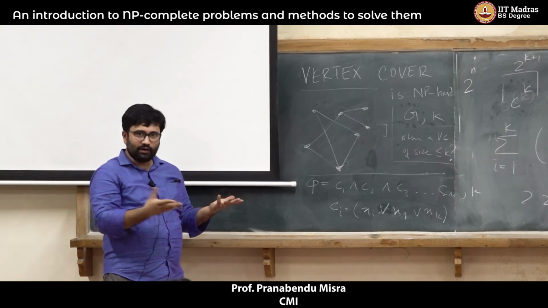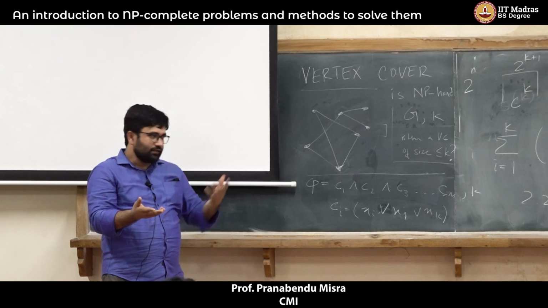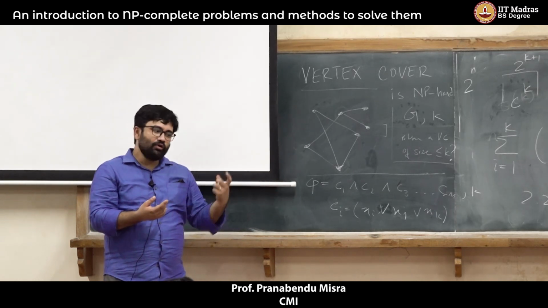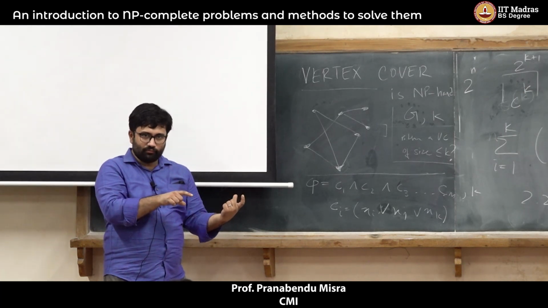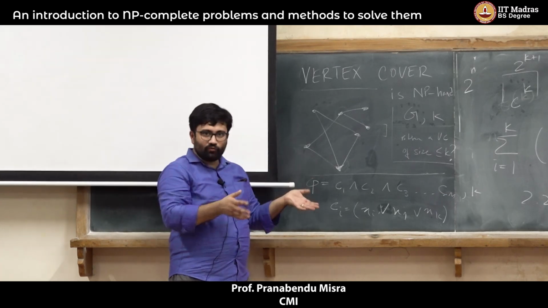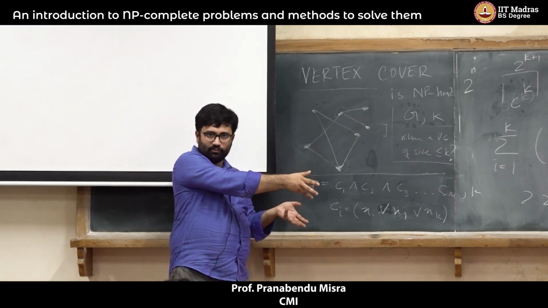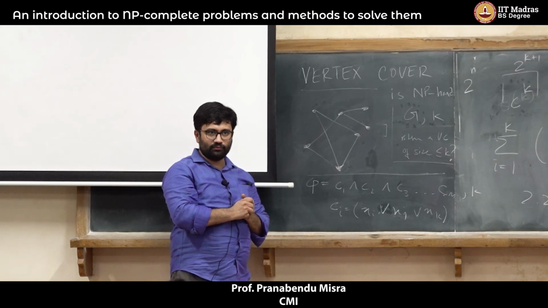We don't know of any deterministic algorithm, without using randomness, to solve this. It's a randomized algorithm which takes polynomial time, but we don't know how to convert it into a non-randomized algorithm also taking polynomial time. So a lot of people work on this: how can I take this very basic problem and solve it in polynomial time without randomness?